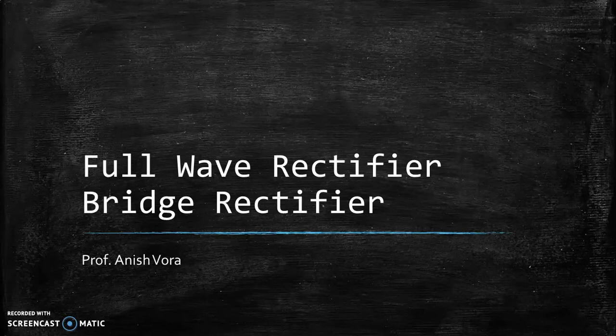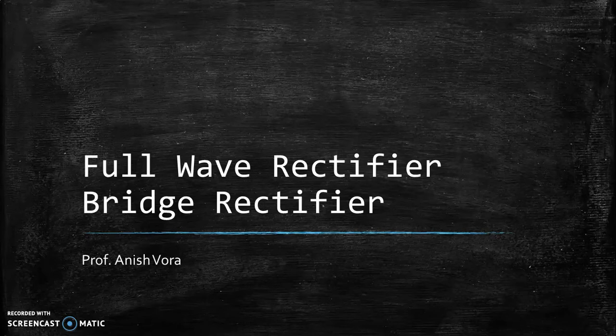In this video lecture, we will study about full wave rectifier, and in case of full wave rectifier, we will study bridge rectifier. A rectifier is a device with the help of which we can convert AC supply into DC supply. In single phase rectifier, we have two configurations.